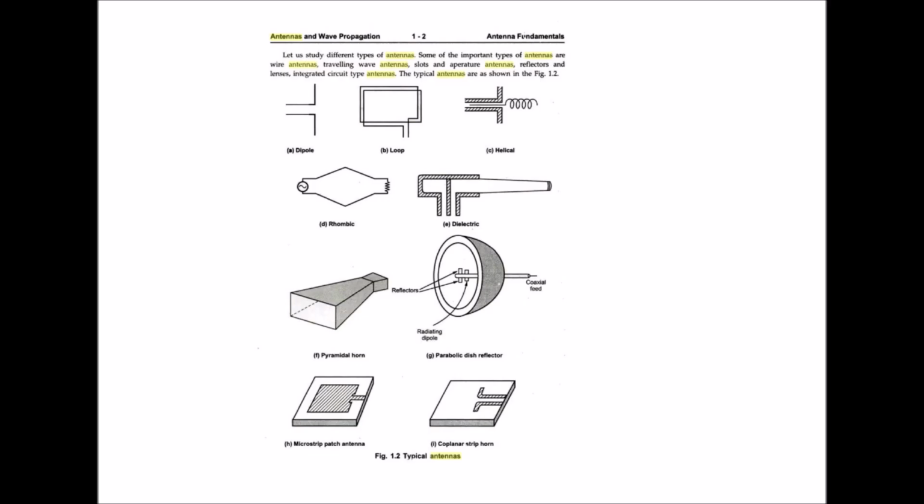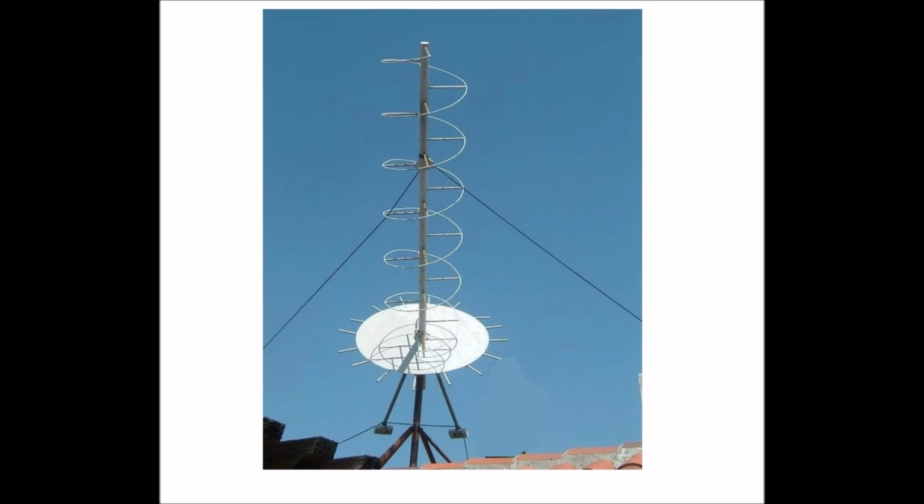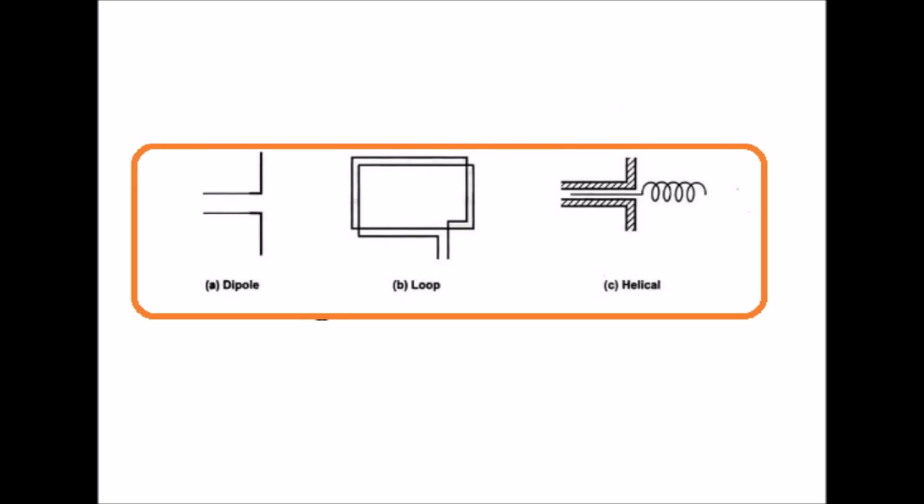The antenna with a wire in the form of a helix backed by a ground plane is called helical antenna. The helical antenna is as shown in the figure 1.2c. All the three types of antenna mentioned above are wire antennas, which are extensively used in aircrafts, ships, automobiles, etc.